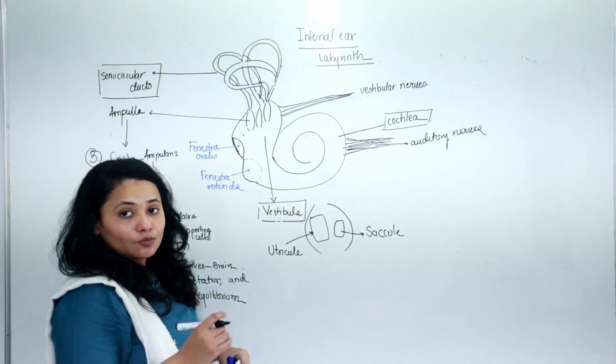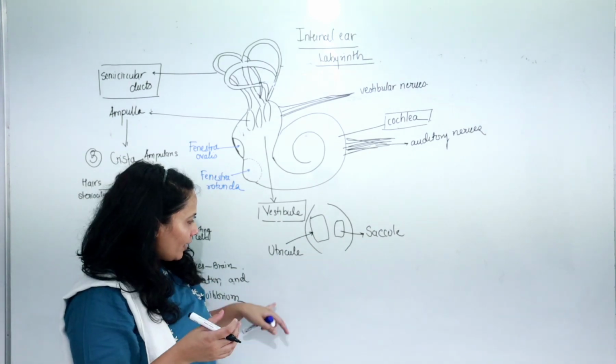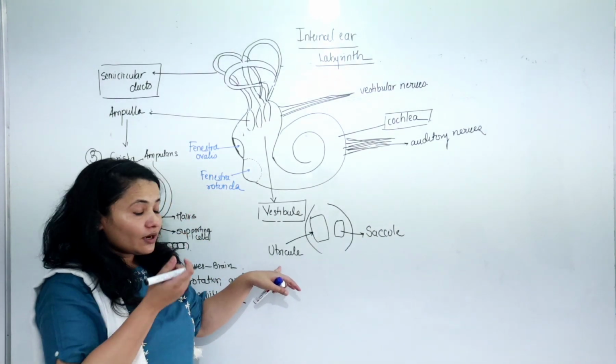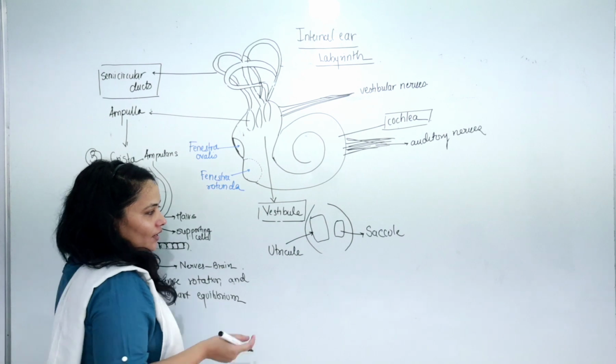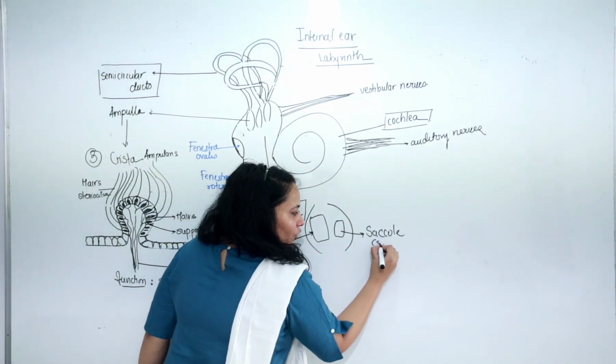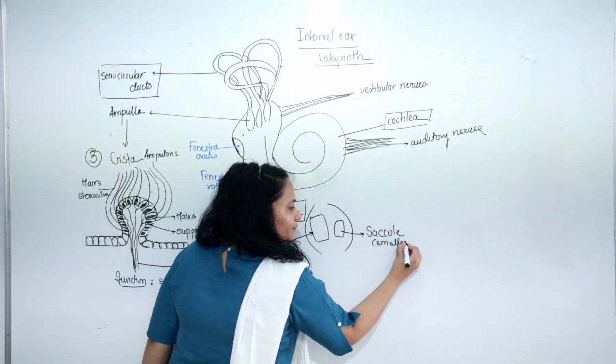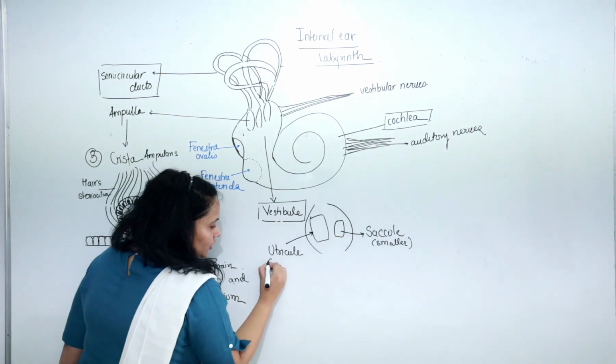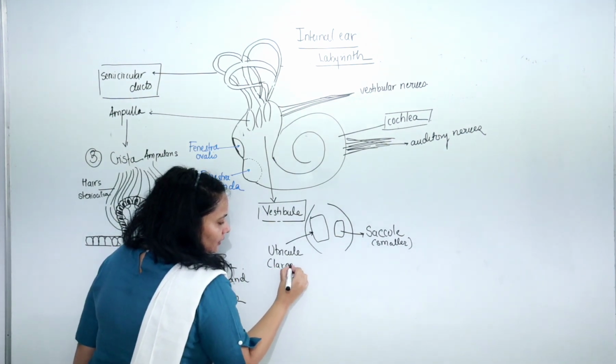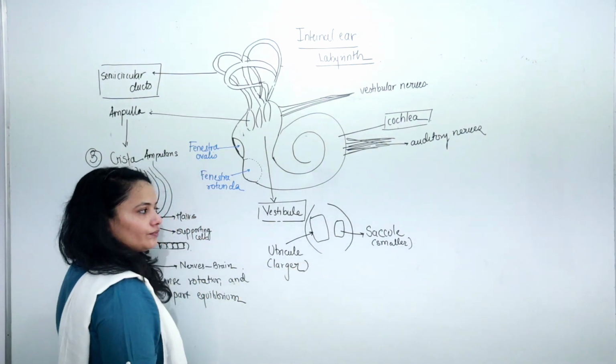Easy to remember: smaller S, saccule, and larger is the utricle. Now the saccule is the smaller window, I'll write over here, and the utricle is the larger window.